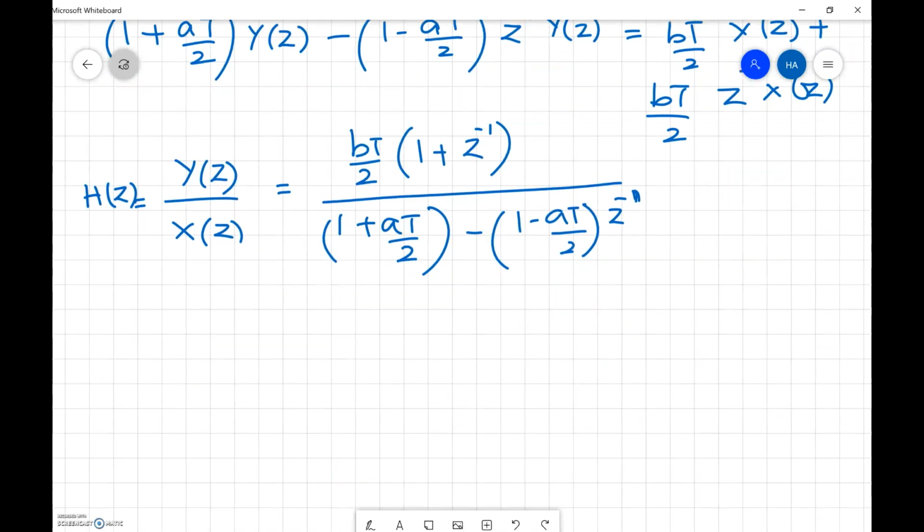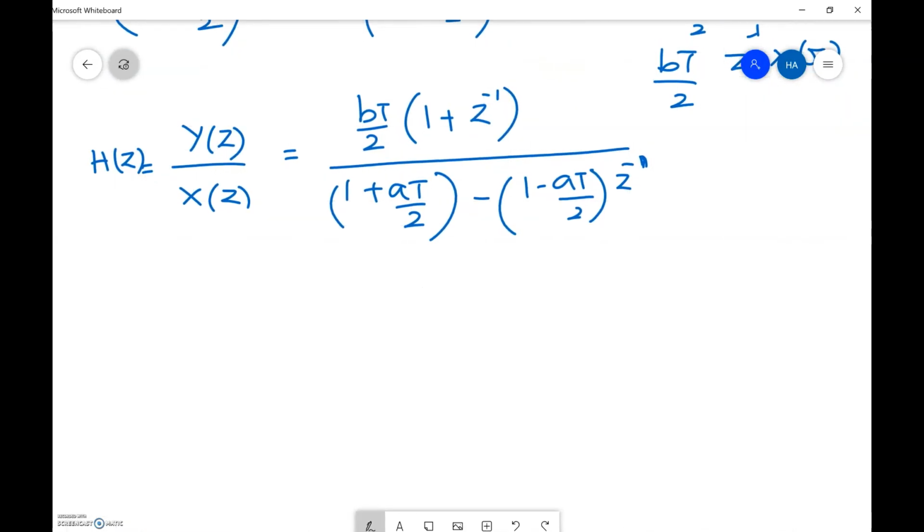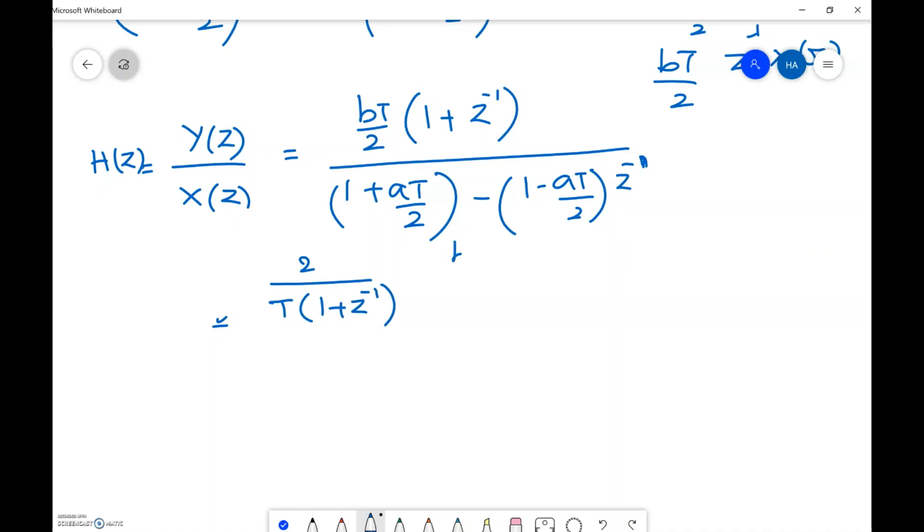So let's multiply and divide by the term 2 by t into (1 plus z power minus 1). So we have bt by 2 into (1 plus z power minus 1) here.